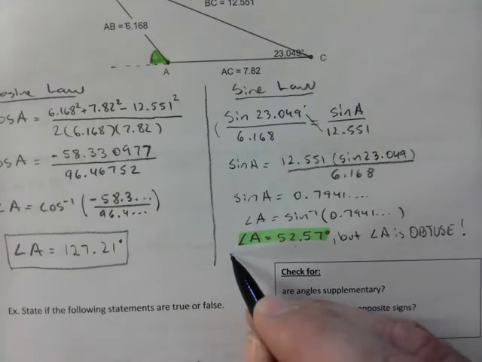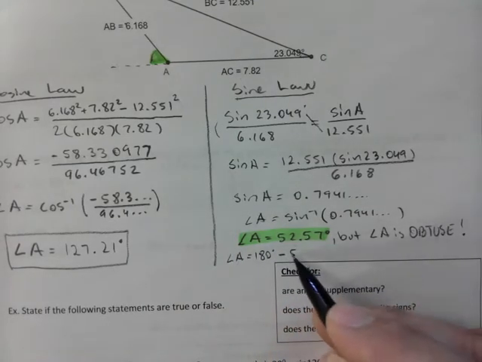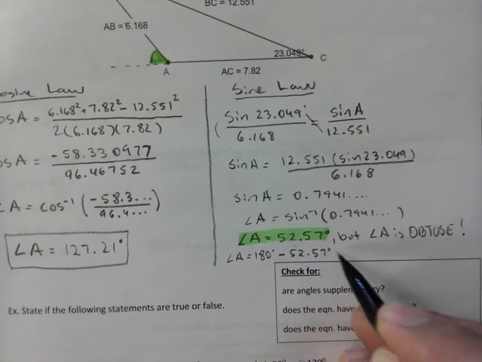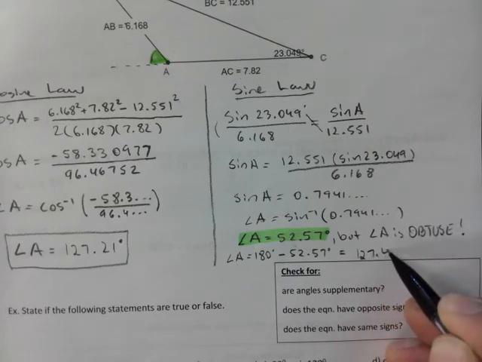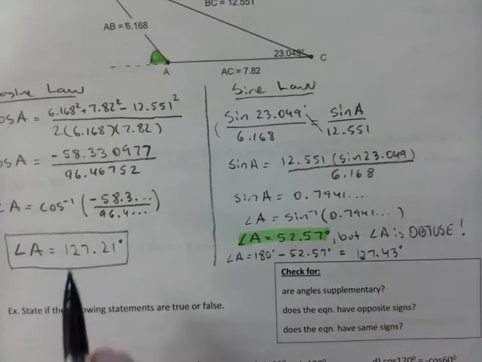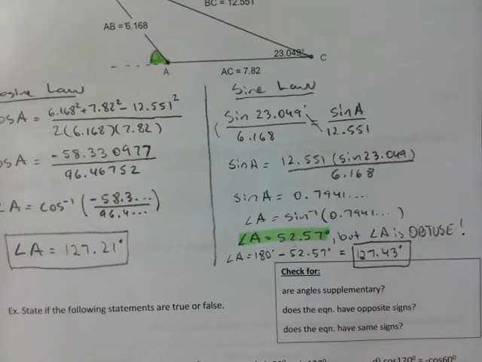So all you have to do is angle A is 180 minus 52.57. That's the only way to do it. And you get 127.43. So we still are off by a little bit, but it's very close.